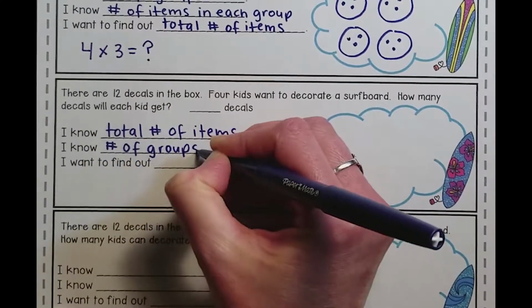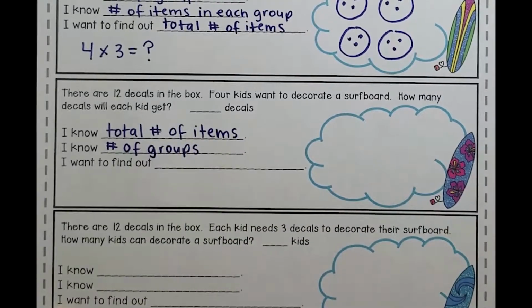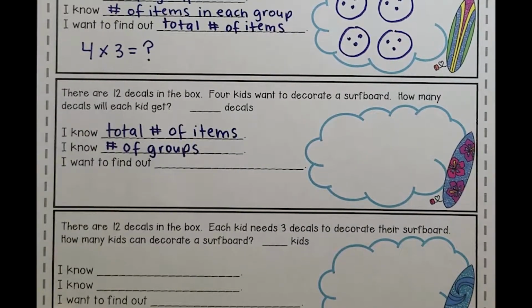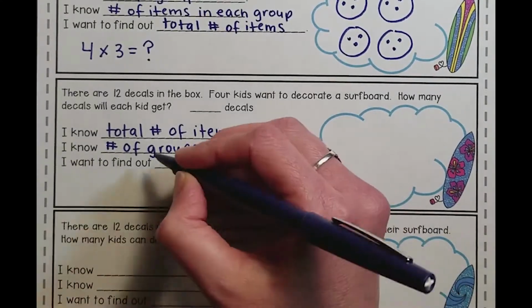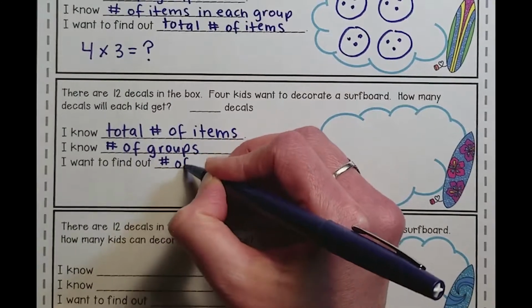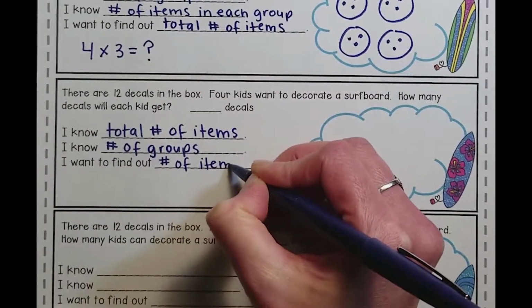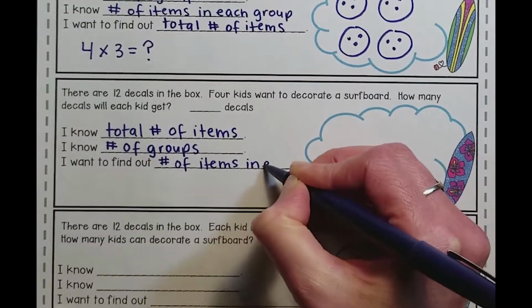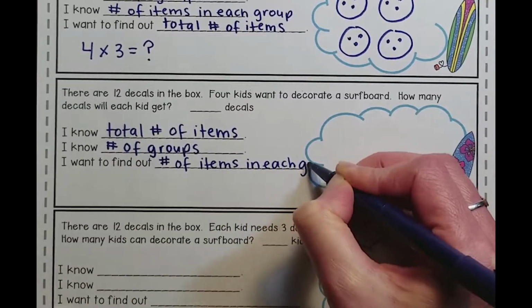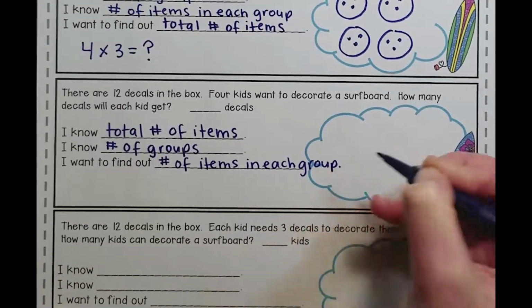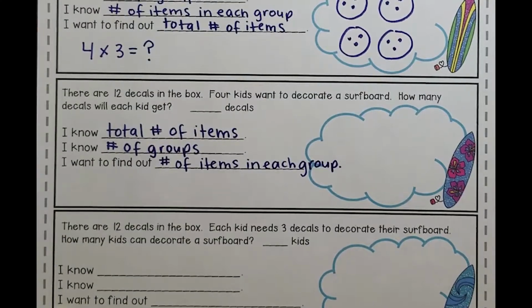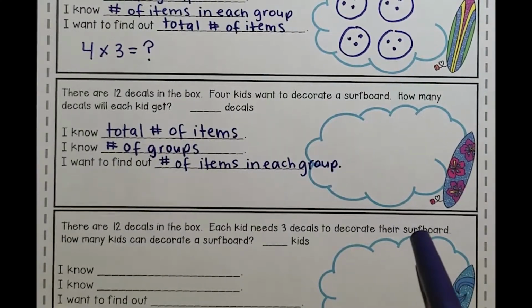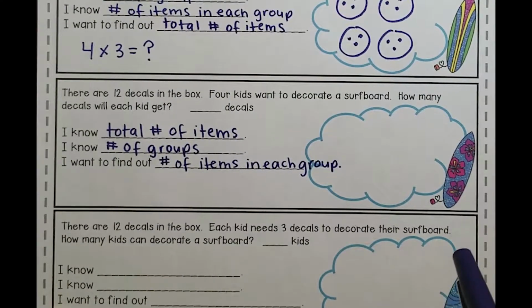You know that 4 kids want to decorate their surfboards. And did you figure out that what you needed to find out was the number of items in each group? So you know that 4 kids are going to have to share those 12 decals.